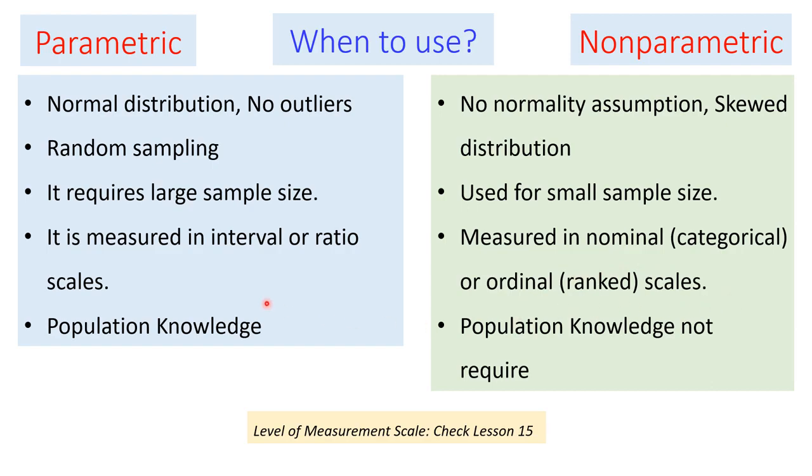So if it is nominal or ordinal, we have to go for non-parametric tests. And the other is, in the case of parametric tests, we do have the population parameters, whereas in the case of non-parametric tests, population parameters are not required. So to use either parametric or non-parametric, we have to check these assumptions first.